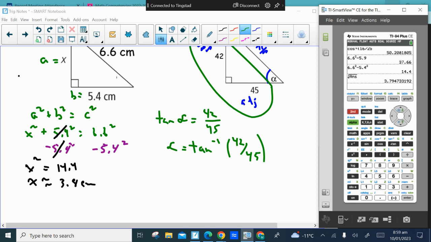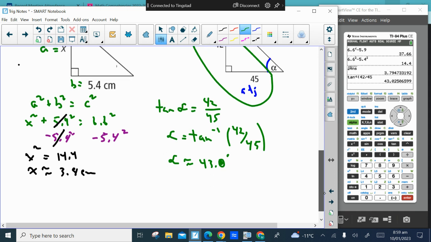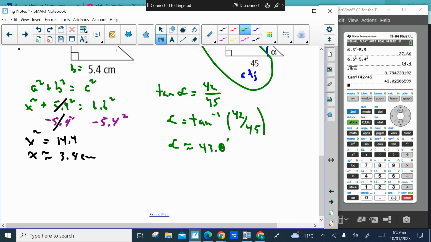So 43 degrees, rounded to one decimal, would be 43.0, rounded to the nearest tenth. Okay?